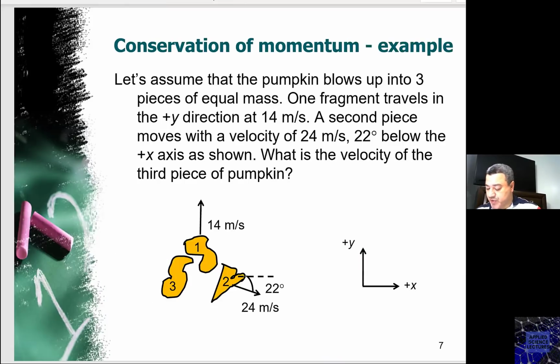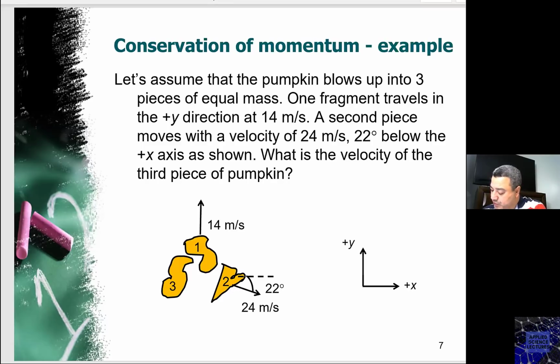Now let's solve this problem where we have the same pumpkin and those are three pieces. However, this one has an angle of 22 degrees with the x-axis. We need to find the velocity of the third piece of the pumpkin.